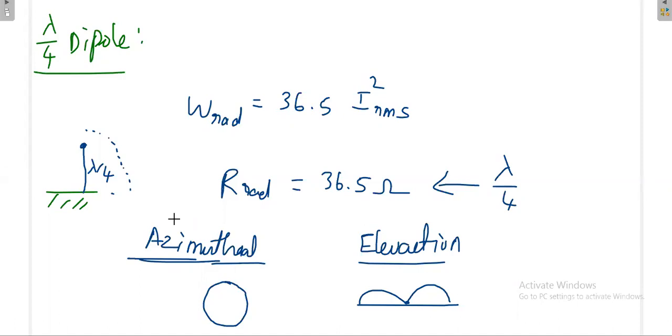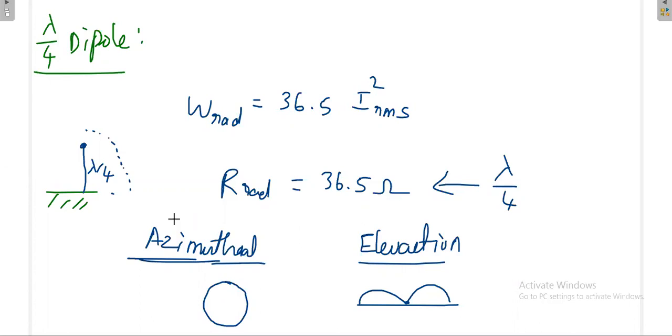The directivity of lambda by 4 is 2 times the directivity of lambda by 2, because it radiates only above the plane, whereas lambda by 2 radiates both above and below the plane. So in the next class I will write that.